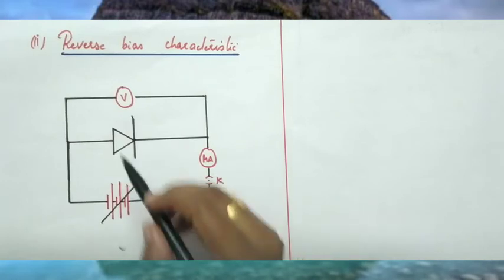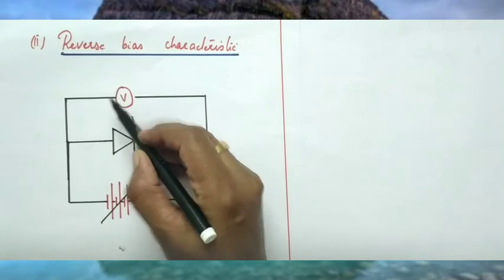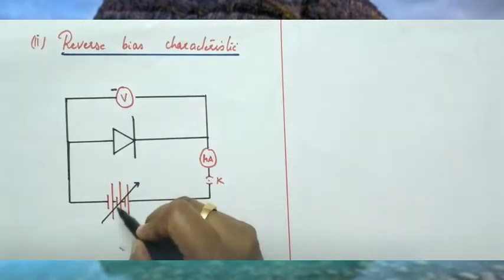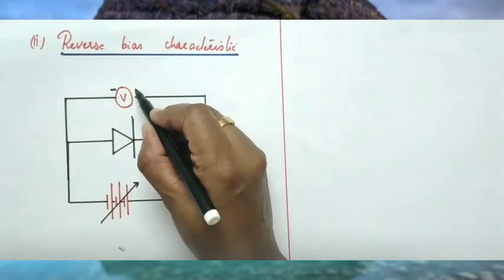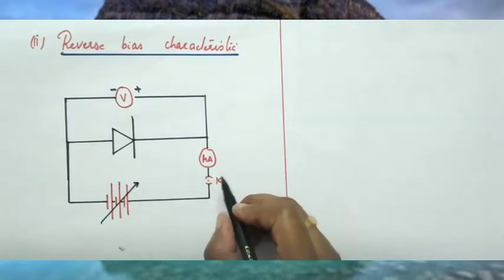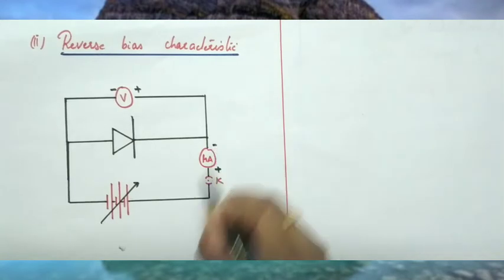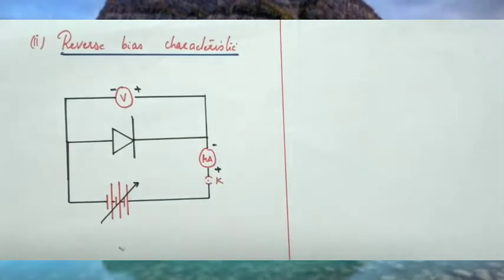Since this is connected to negative, this terminal is negative, and this represents the positive terminal of the voltmeter. Here it is connected to positive, therefore this terminal is positive and this terminal is negative. So this is the circuit diagram to study the reverse bias characteristic.